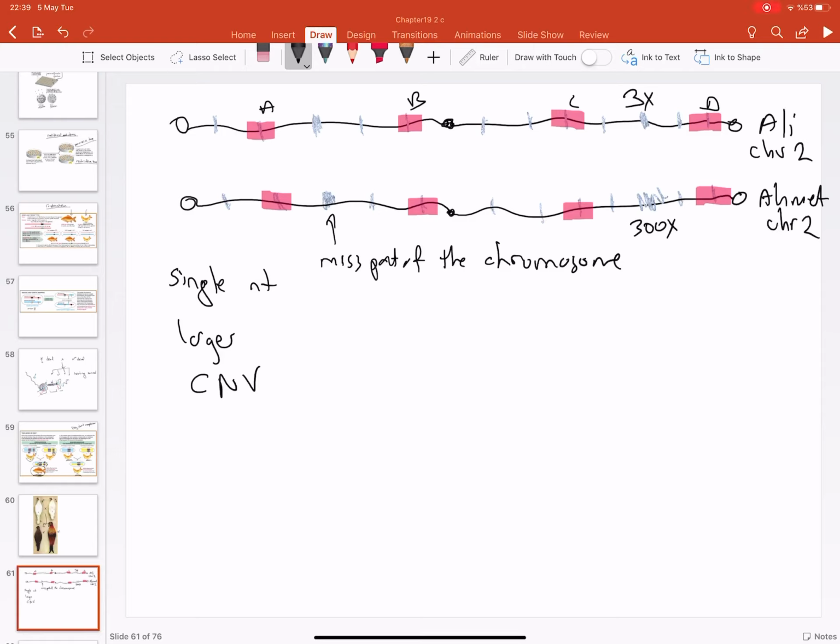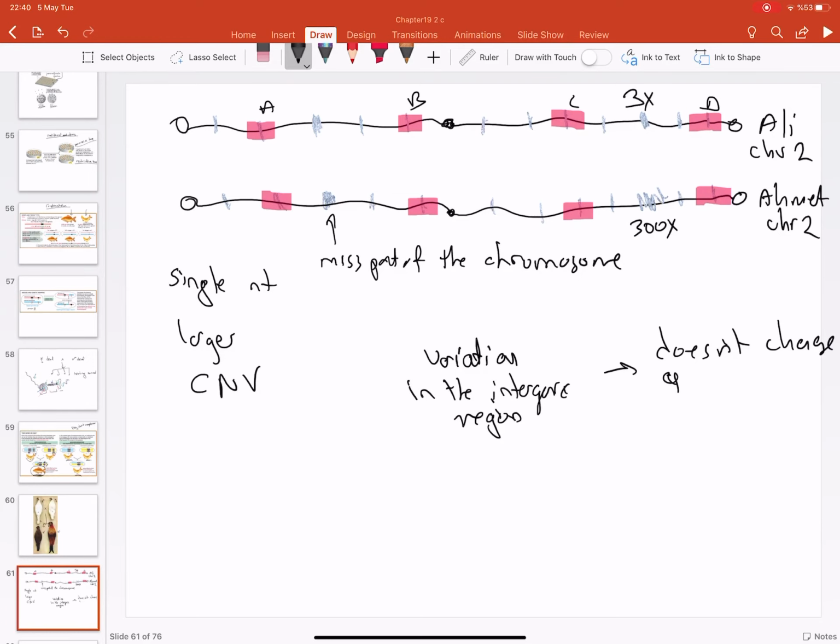The majority of the differences are in the intergenic region, because this variation in the intergenic region doesn't affect the phenotype. So if there is a variation in the non-coding intergenic region, it doesn't change the gene expression profile, and because it doesn't change the gene expression profile, it doesn't change fitness.